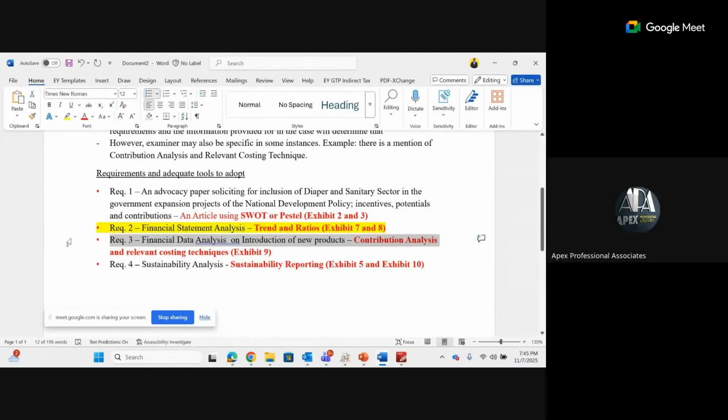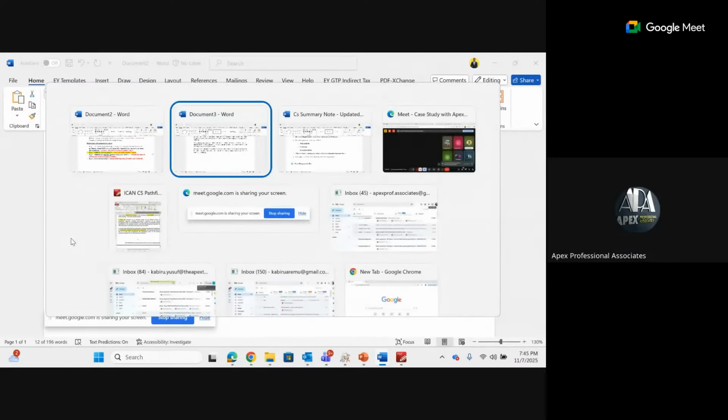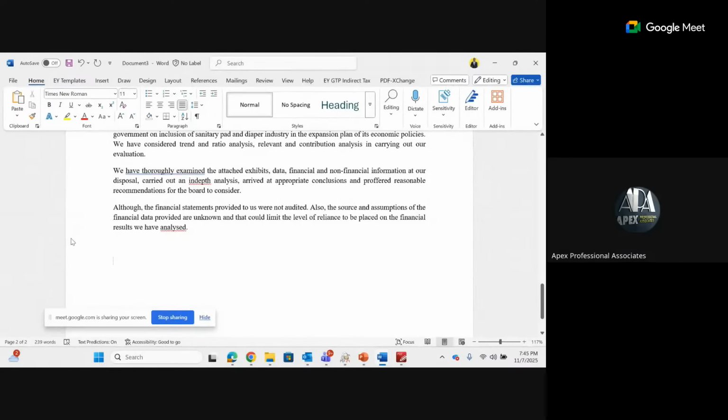Just start by putting up a heading. So say: analysis of the financial performance of DEFCON Manufacturing Limited.